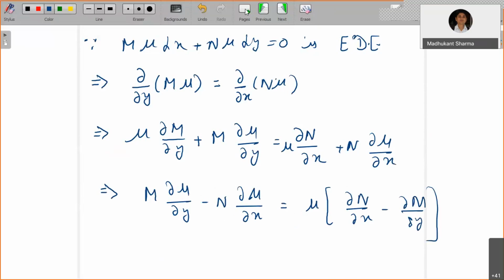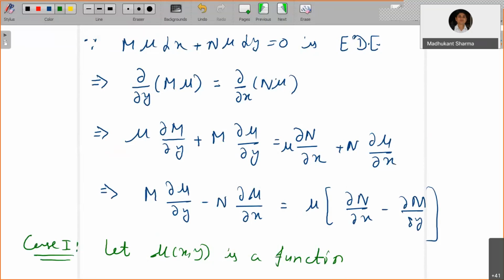Now we can make a further assumption. Case 1: let mu of x comma y be a function of x only.